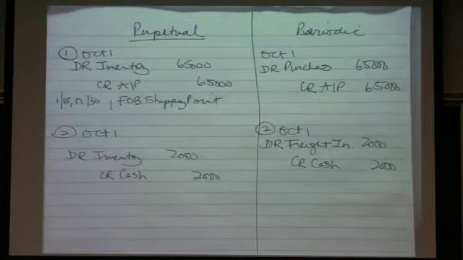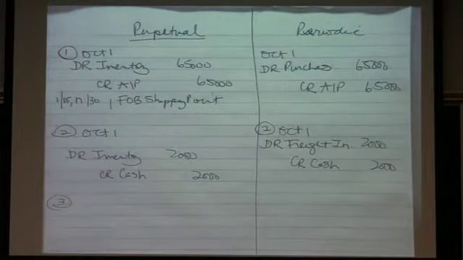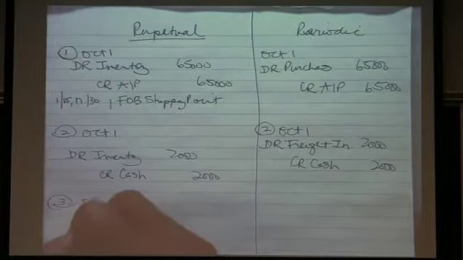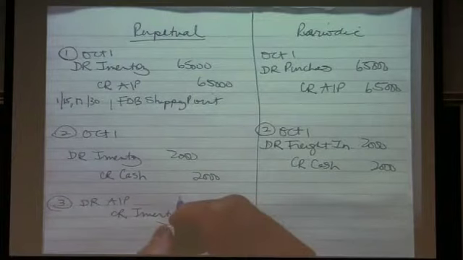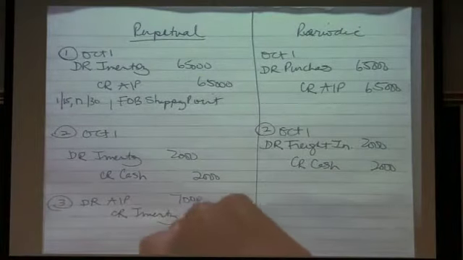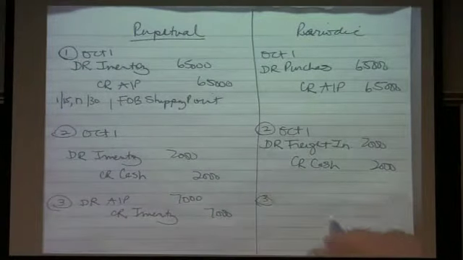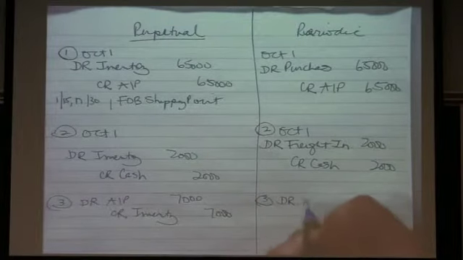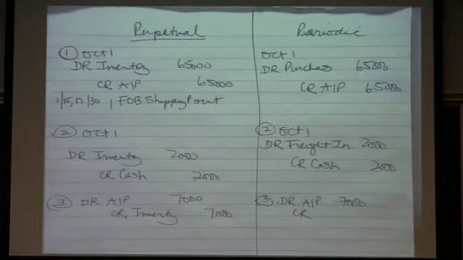Now, on October 5th, what happens? They returned $7,000 worth of damaged goods that were purchased on October 1st. So for number 3, when you return, you're going to debit accounts payable and credit inventory. And that one is $7,000. Under the periodic inventory system, we would debit accounts payable $7,000, but instead of crediting purchases, we're going to credit an account called purchases returns and allowances.